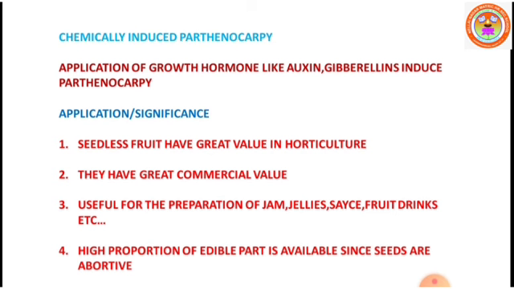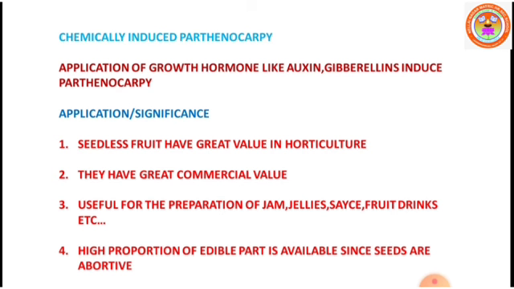So what is called parthenocarpy, children? The formation or development of the ovary into fruit without the act of fertilization is called parthenocarpy. Parthenocarpy was classified into many types.